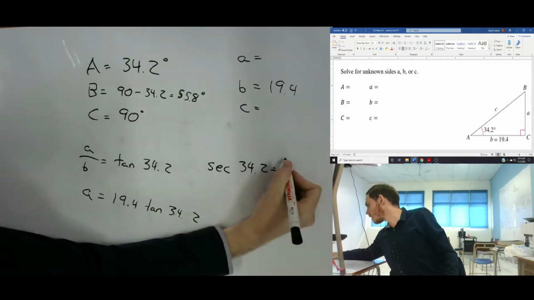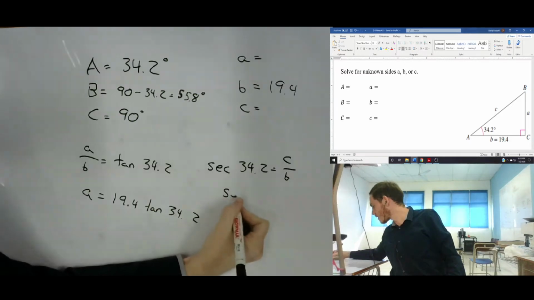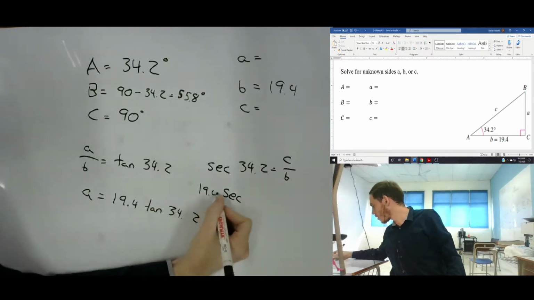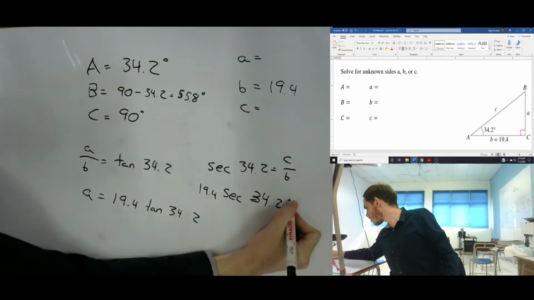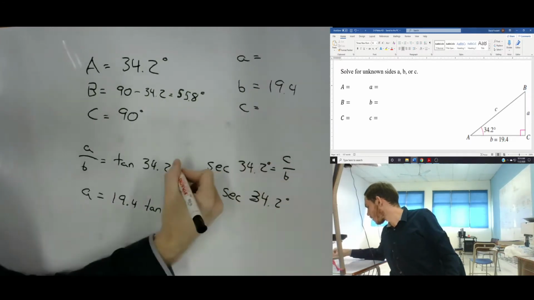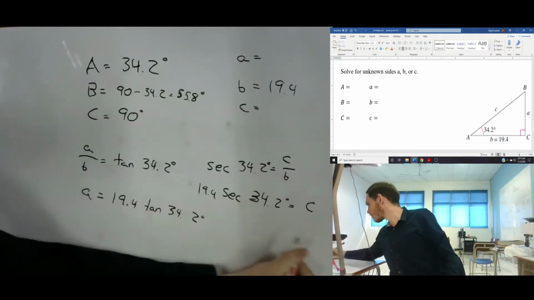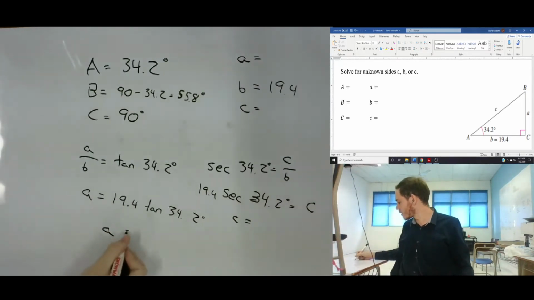It's going to be c over b. So secant of 34.2 degrees times 19.4 is equal to c. So what does c equal to? What does a equal to?